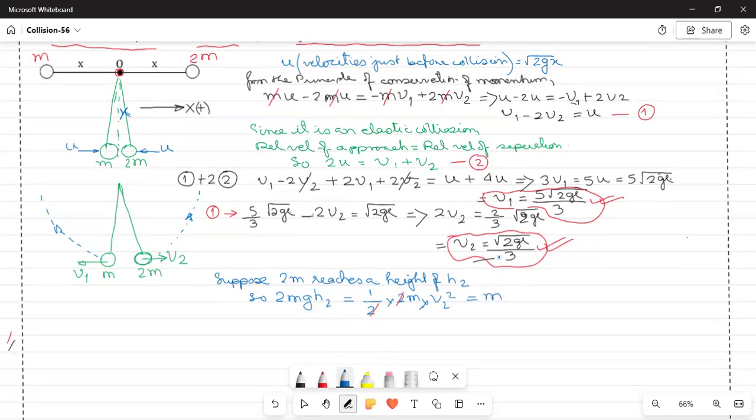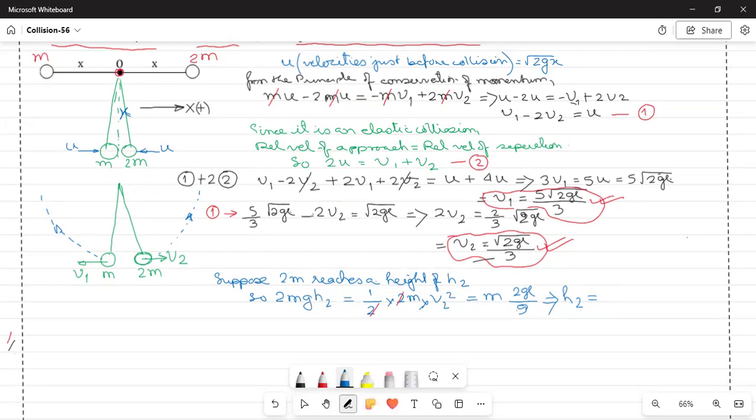And V2 square is 2GL by 9. Now 2mgH2 is equal to 2mGL by 9. So from here we can find H2. M gets cancelled, 2 gets cancelled.